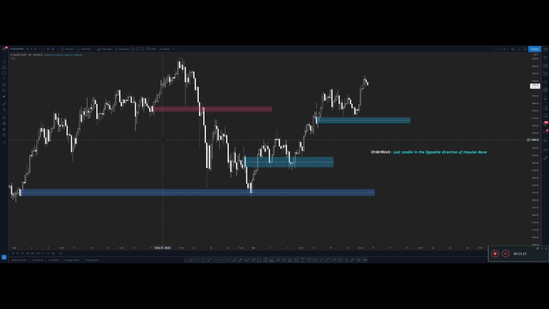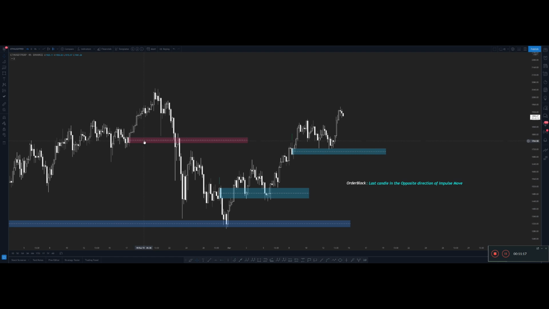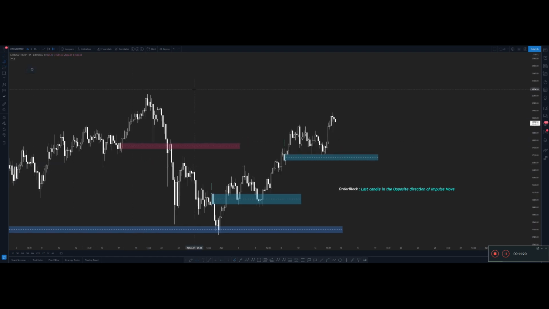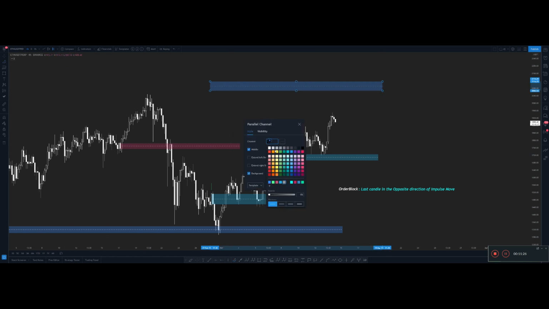And one more thing, how do I use this tool? I just go to the parallel channel, I take this, I go to settings, I take off the channel, so this is on zero transparency, and I add this middle line, because in my experience this middle line tends to give strong support and resistance.